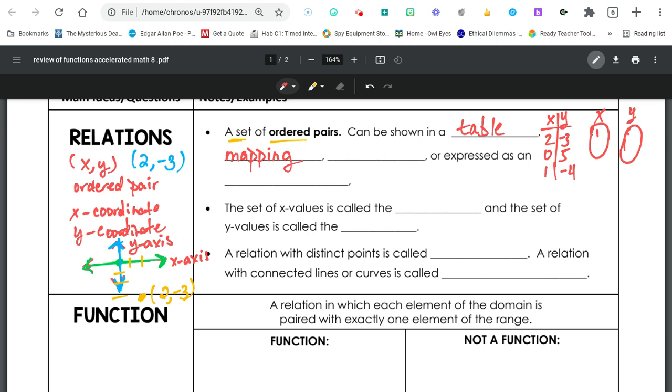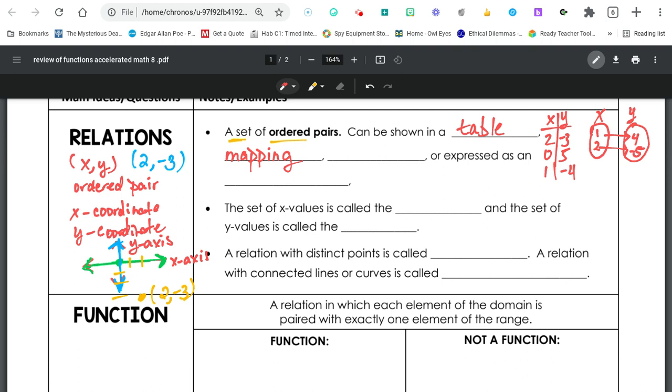All right, 1 might be mapped to 4. Just where this 1 represents your X and 4 represents your Y. Or 2 could be mapped to -5. And you can put the arrows or not, it doesn't matter. Sometimes you just draw a segment, but that's a mapping.